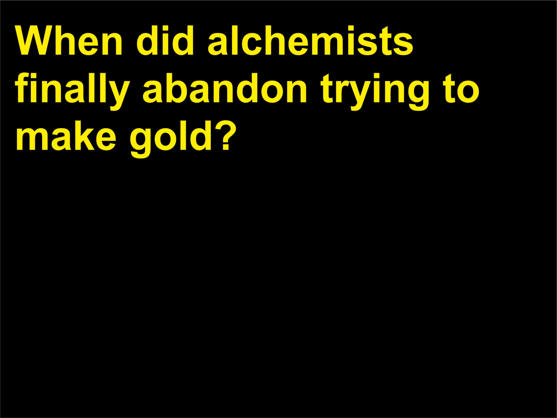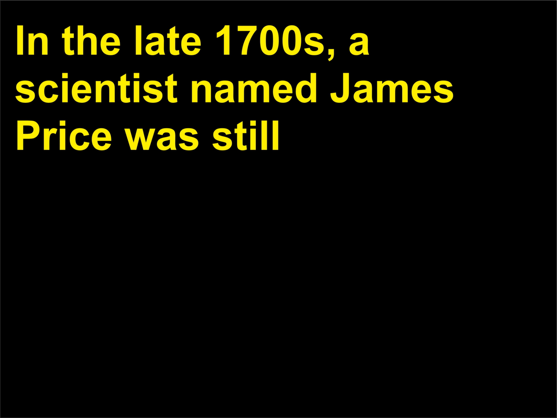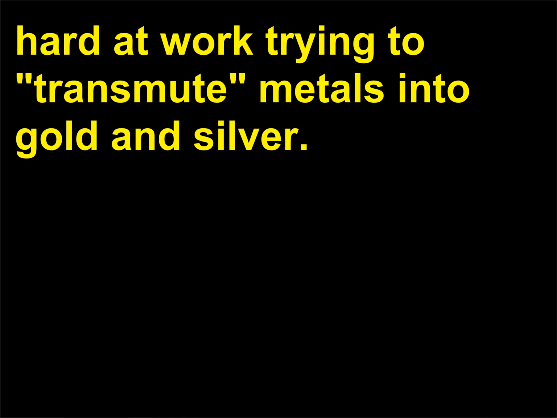When did alchemists finally abandon trying to make gold? In the late 1700s, a scientist named James Price was still hard at work trying to transmute metals into gold and silver.